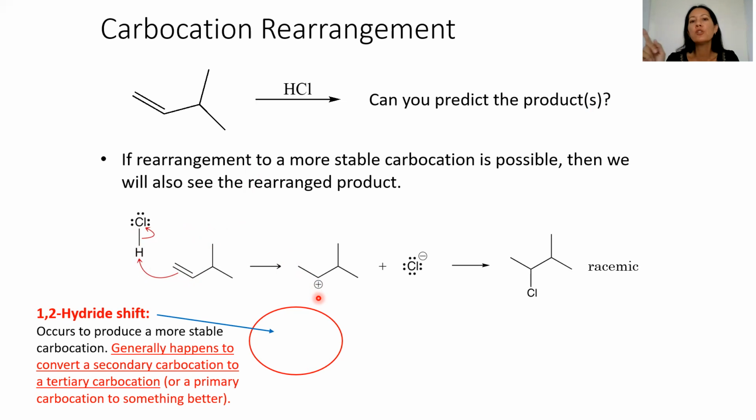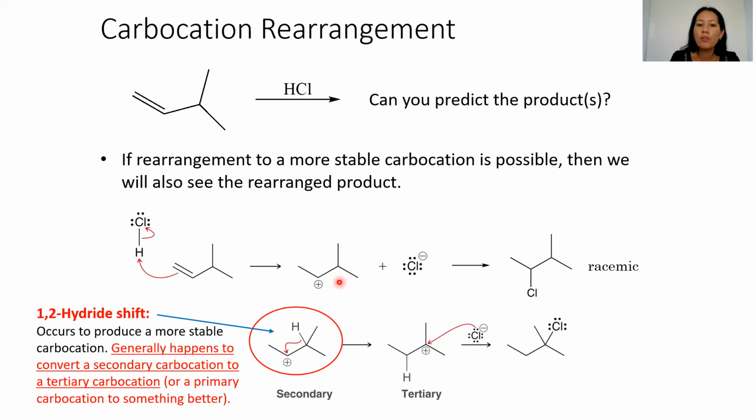So if you're in a situation where you can move an H to create a tertiary carbocation, that's going to happen. So in a normal case, you get this. You get a racemic mixture that's about stereochemistry, but you get this. But that's not the only thing you're going to get. What you can also get is something called a hydride shift.